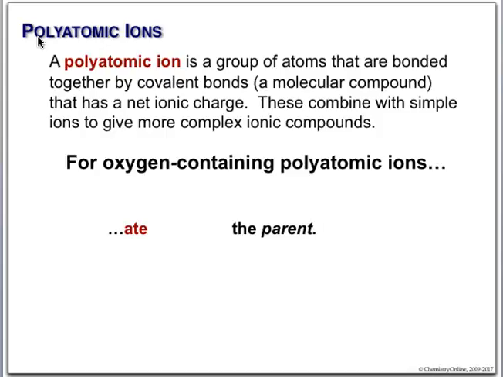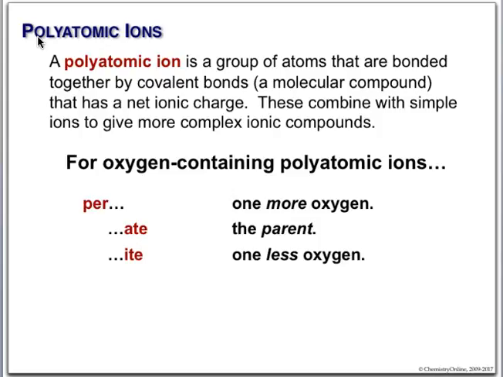Now these are oxygen containing. If we add one more oxygen to this ion, we get something we will call a per something ate. Per as a prefix tells us there's one extra oxygen. If we had persulfate, it would just be one more oxygen than we had in sulfate.